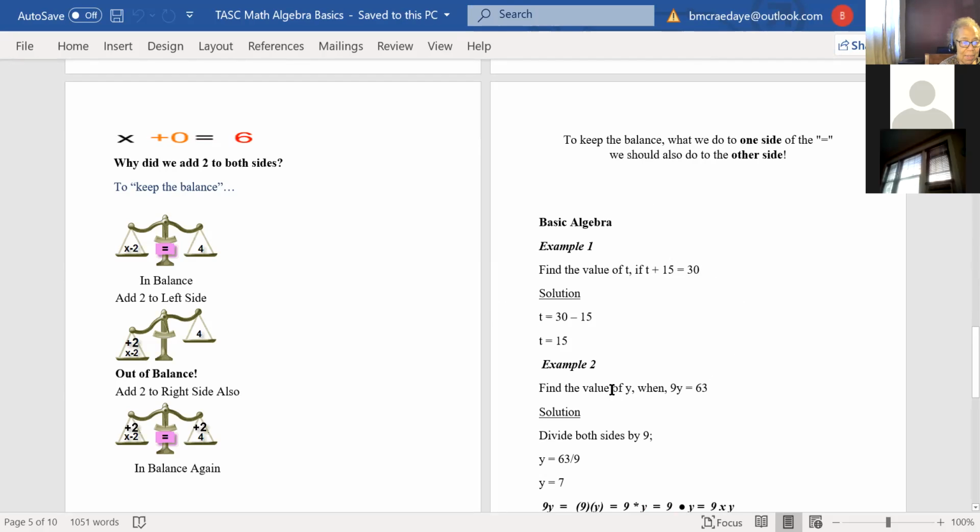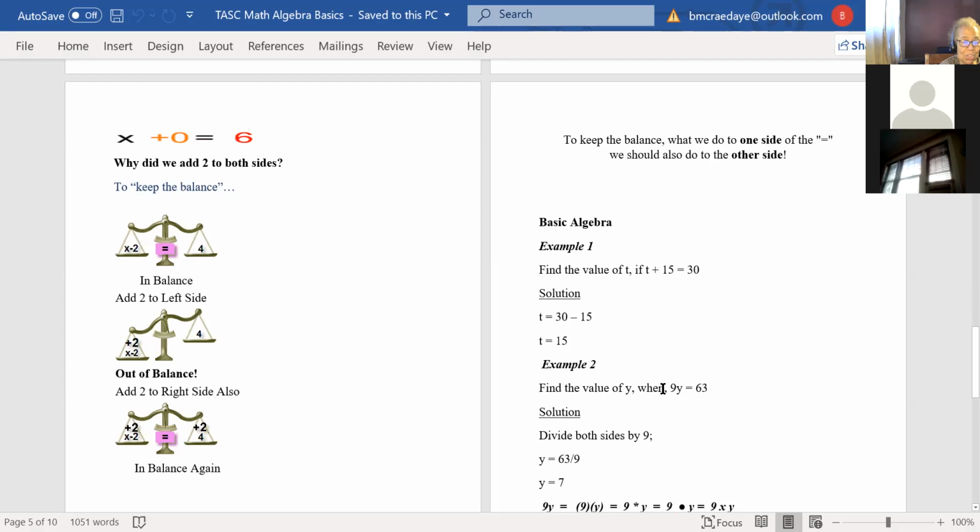Let's look at this one. Find the value of y when 9y is 63. What number times 9 gives 63? Maureen, what number do you multiply by 9 and get 63? 7. That's right, 7. So this is a division, right?